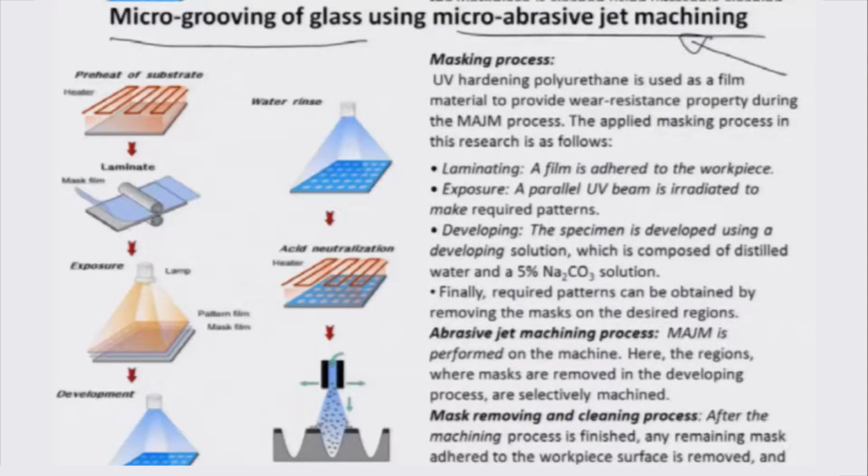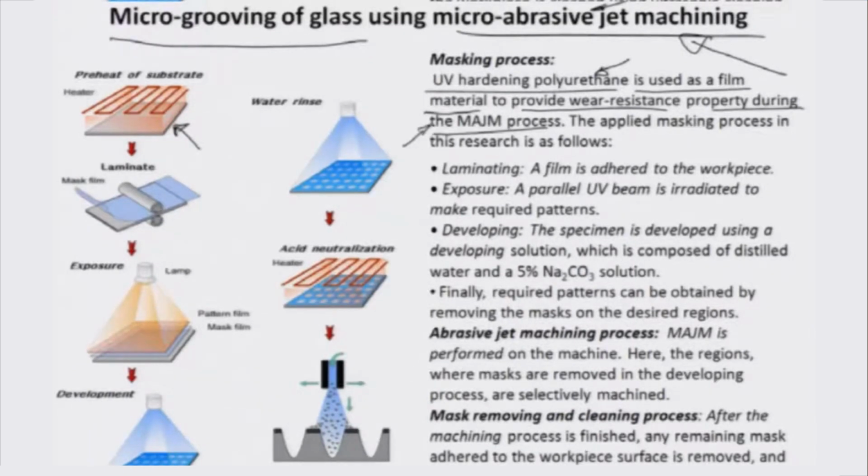It starts with the preheating and the UV hardening of polyurethane, which is the material which would eventually be developed by the MAJM process, the micro abrasive jet machining process. This UV hardening polyurethane is used as a film material to provide wear resistant property during the MAJM process.